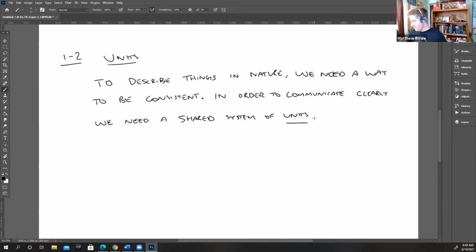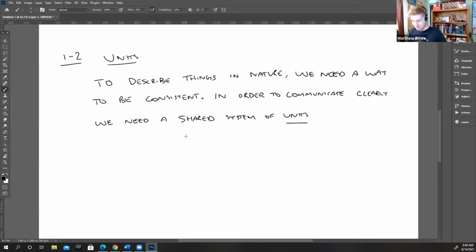So we need a shared system of units. This is where we start having marks on a stick, sort of like a ruler. I have a regular wooden ruler with inches, and I have a metal one with centimeters on.